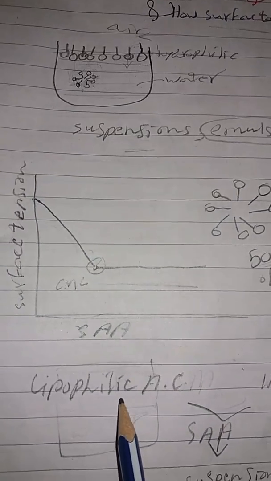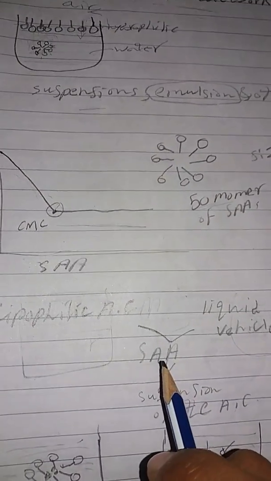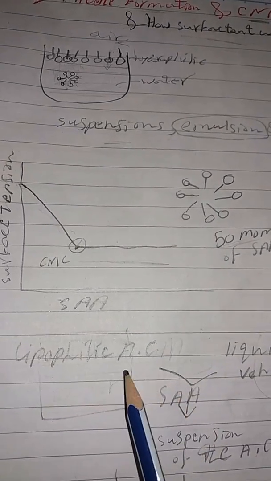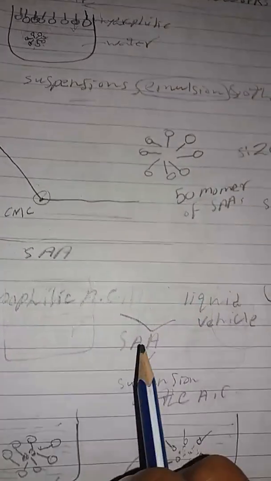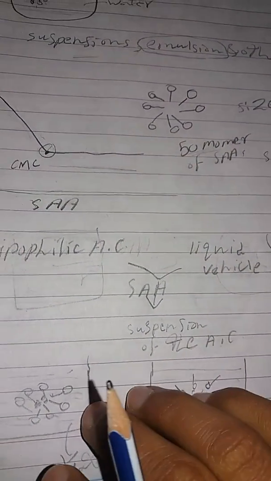If we have a lipophilic active ingredient and want to dissolve it in a liquid vehicle, what must we do? It's simple. We just add surface active agent. This surface active agent will dissolve the lipophilic active ingredient in the liquid vehicle, and a suspension of the active ingredient will be formed.